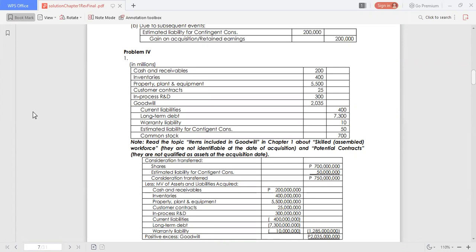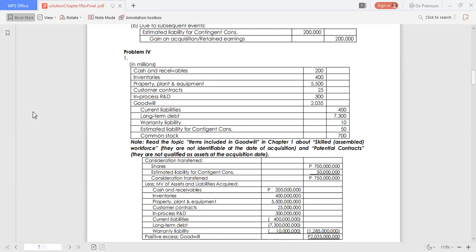That's now your positive excess, or goodwill, that we are going to debit to goodwill. That's now the answer in question number 1.